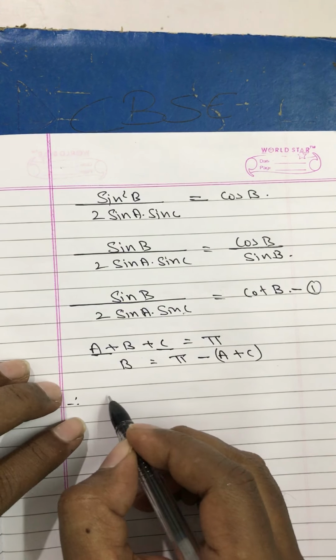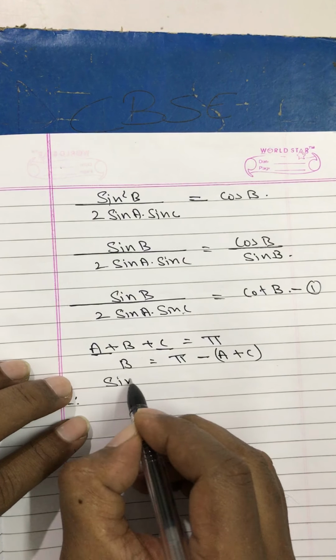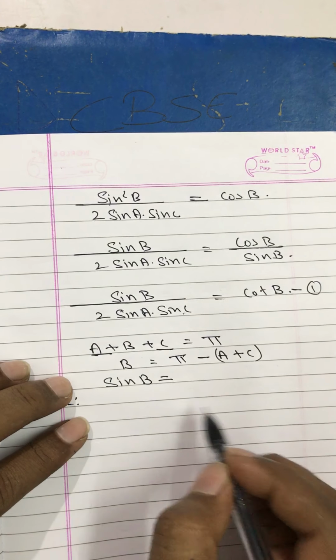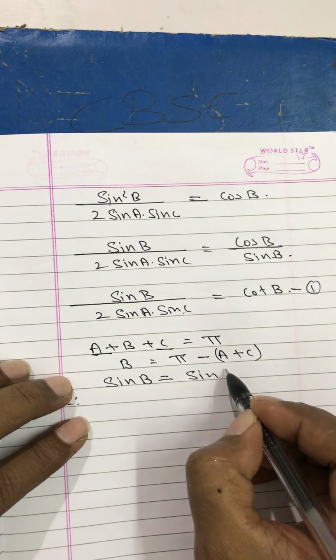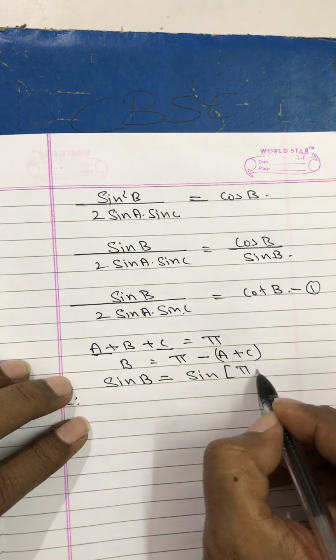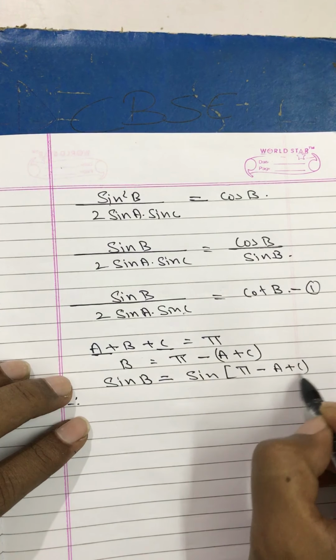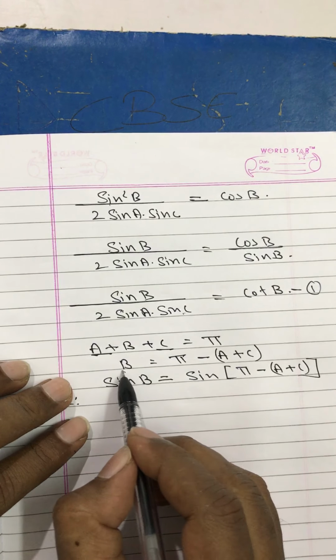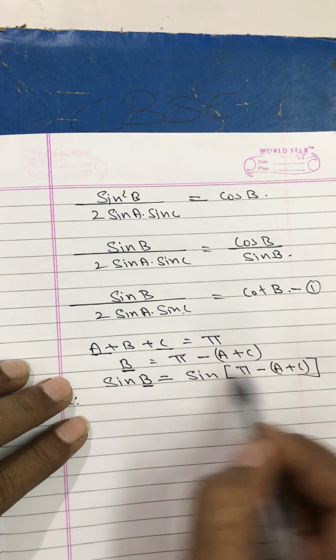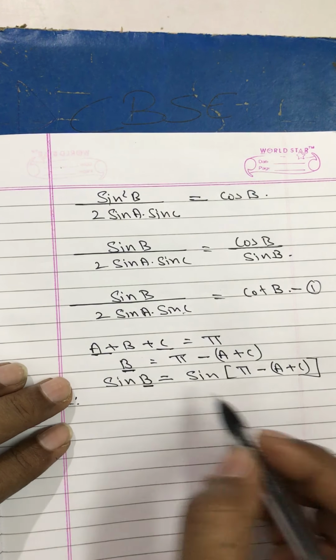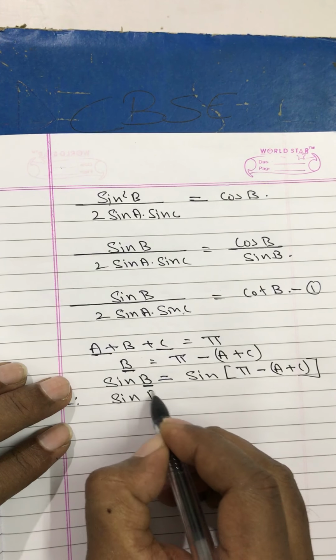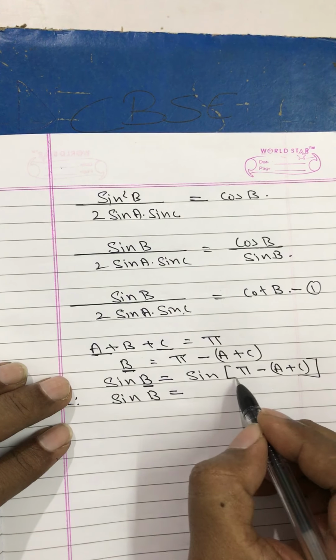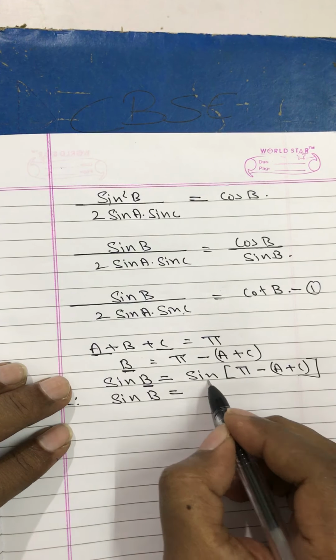So therefore, sin B is equal to sin of pi minus (A plus C). In place of this B, I am writing the value of this. So therefore, I will get sin B is equal to sin (A plus C), since sin along x-axis pi will remain same.